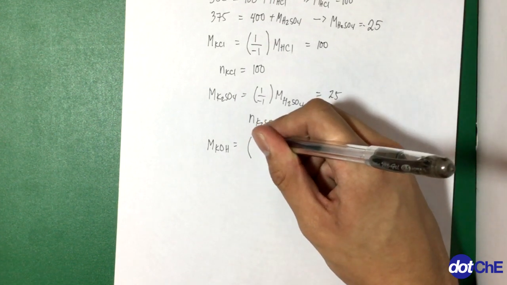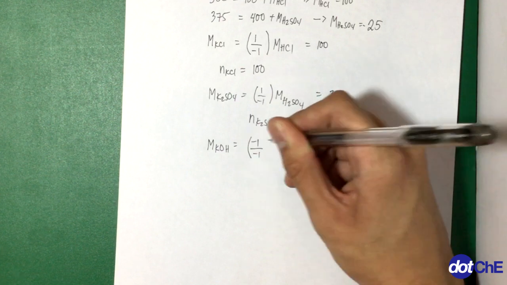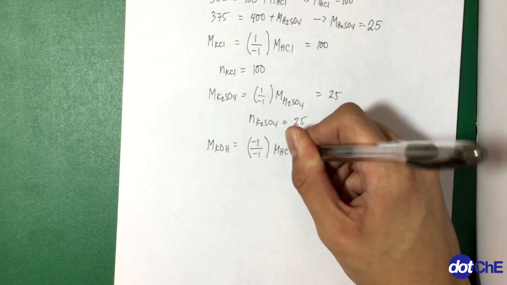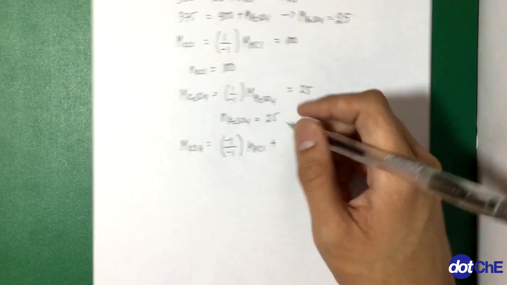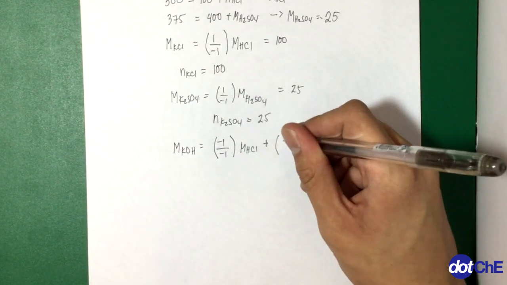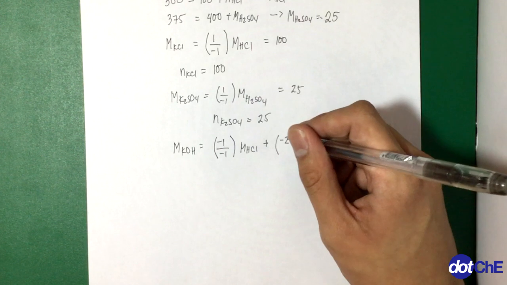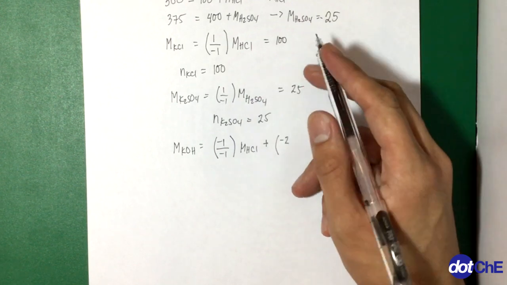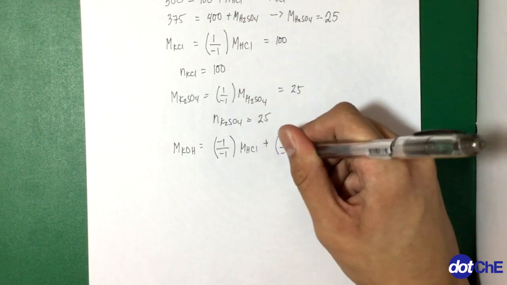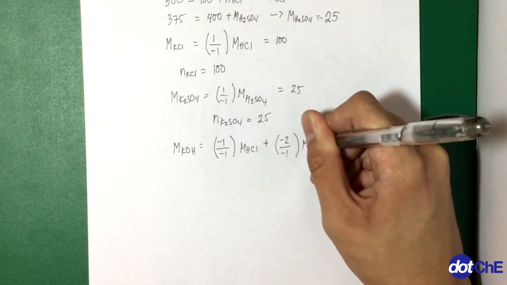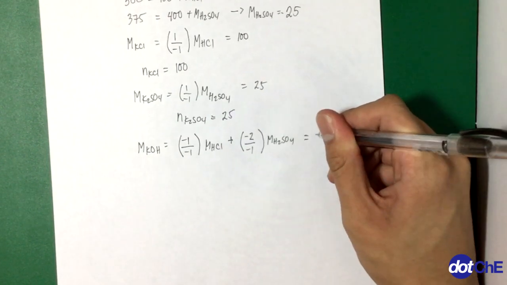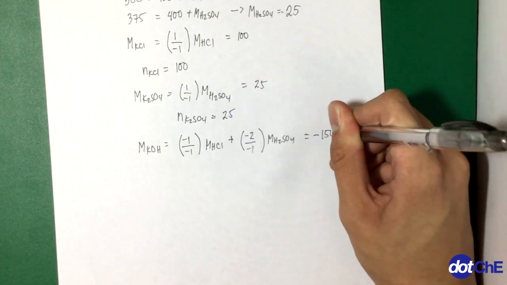So it's negative 1, since they're both reactants, over negative 1, times MHCl. Then we add the relationship, which is negative 2, since you need 2 KOH to react with 1 mole of H2SO4, over negative 1 times MH2SO4, which we will get negative 150.